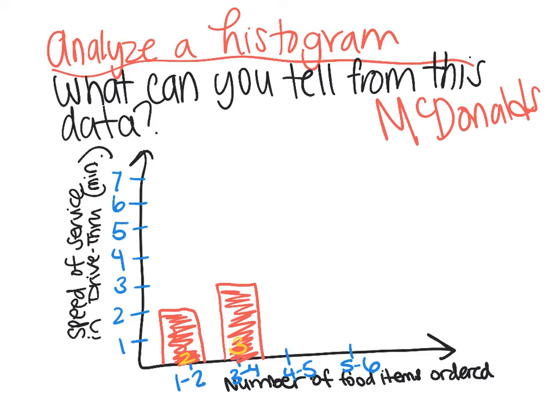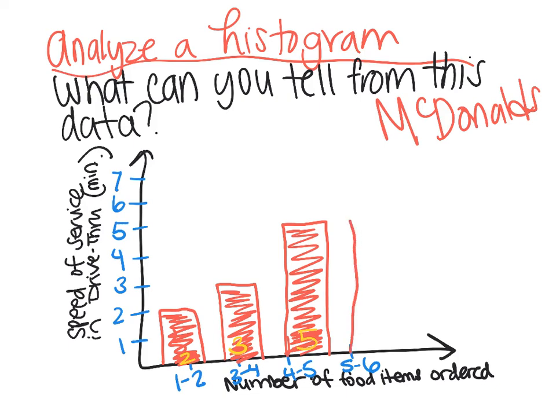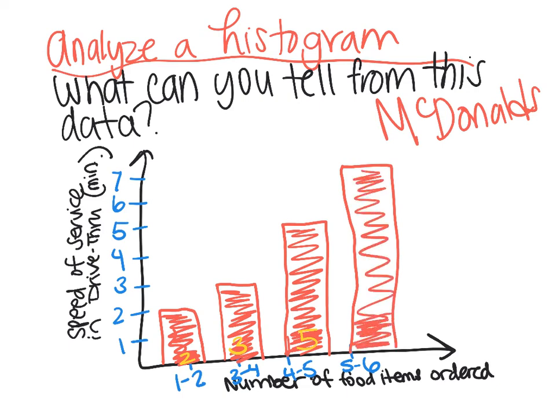For 4 to 5 items, it took McDonald's 5 minutes to get the food made and through the drive-thru. But for 5 to 6 items, it took McDonald's 7 minutes to get the food out through the drive-thru.